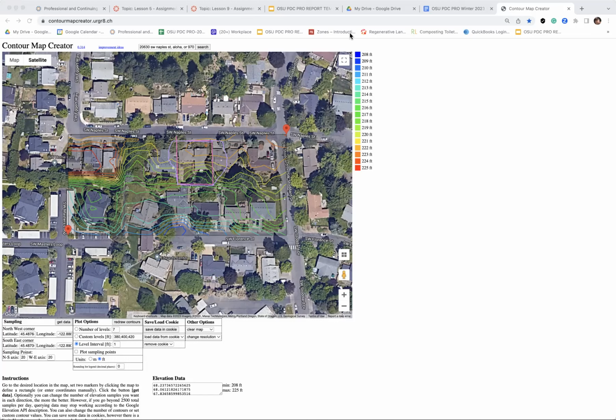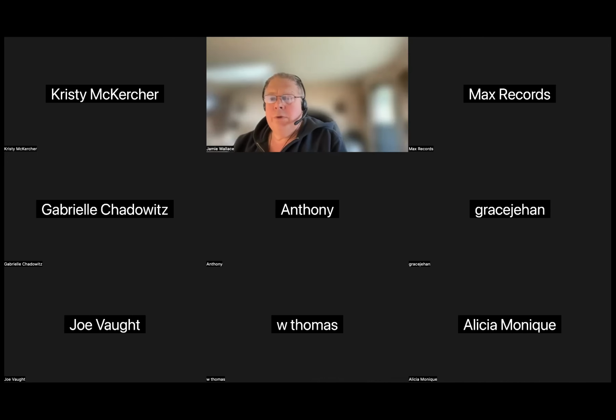Well, let's leave Contour Creator. Just get rid of these lines or they're going to follow us. And I'm just going to stop share and switch over to Google Earth.